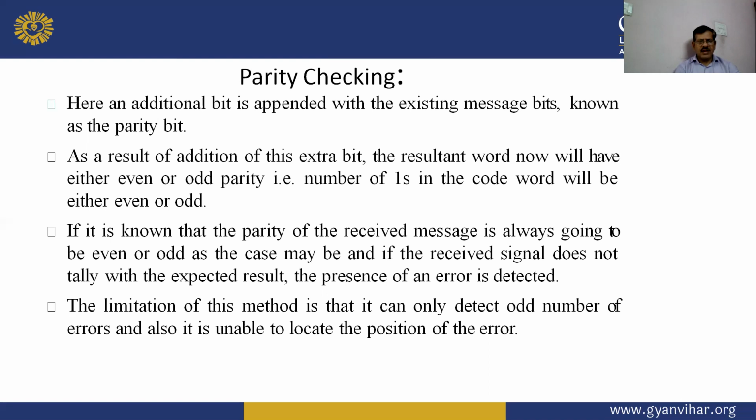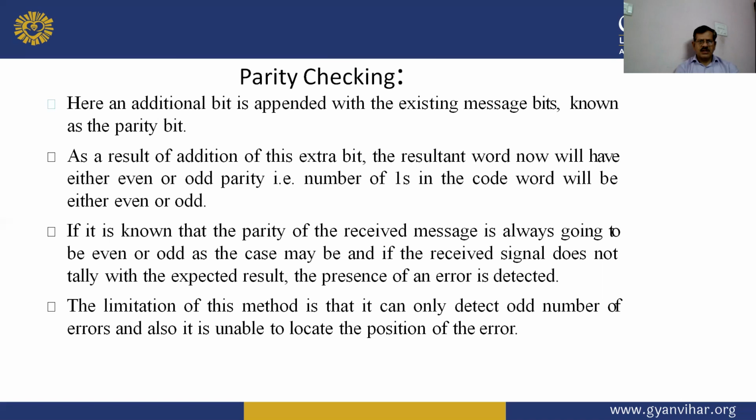If it is known that the parity of the received message is always going to be even or odd, as the case may be, and the received signal does not tally with the expected result, the presence of an error is detected.